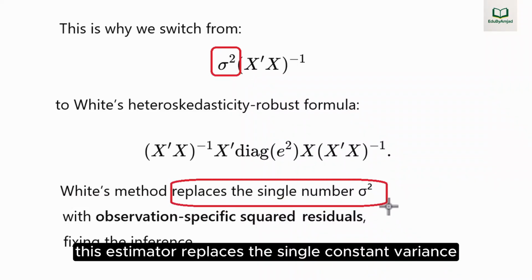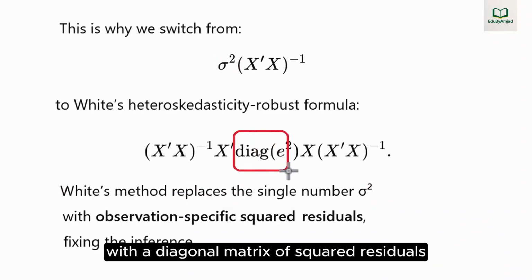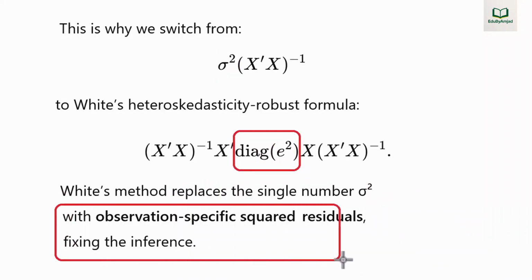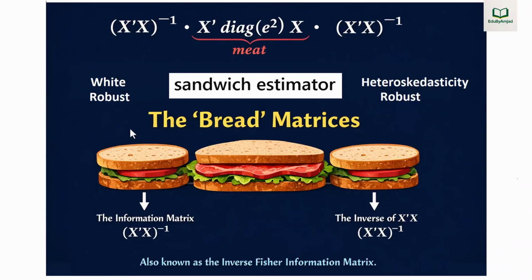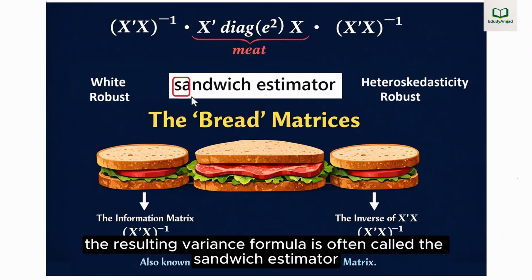This estimator replaces the single constant variance with a diagonal matrix of squared residuals. The resulting variance formula is often called the sandwich estimator.